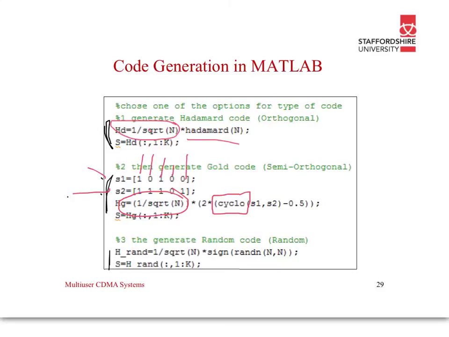So we have 1, 2, 3, 4, 5 in this case. Then the random code is just ones and minus ones, and we again scale them down, and we have K users, so we use the first one to K.